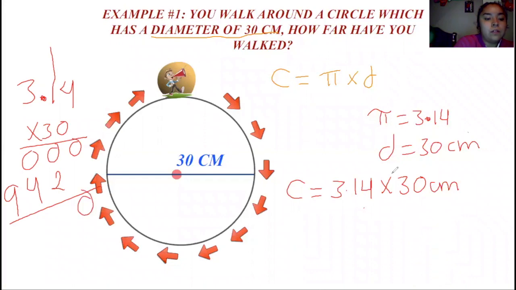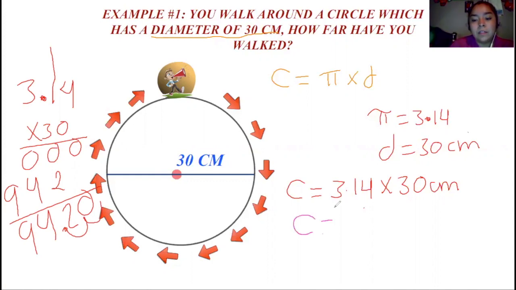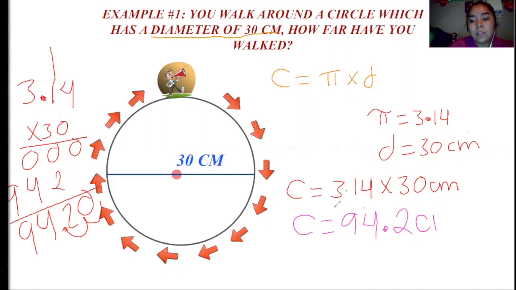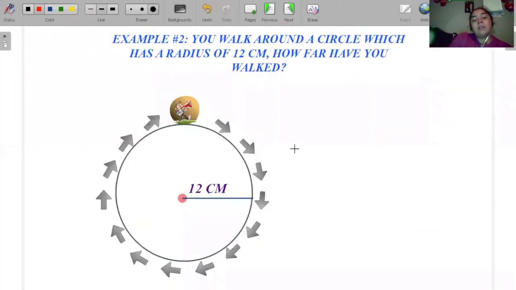So we have 0, 2, 4, 9. And we have 2 decimal places. So our final answer is C is equal to 94.2 centimeters.